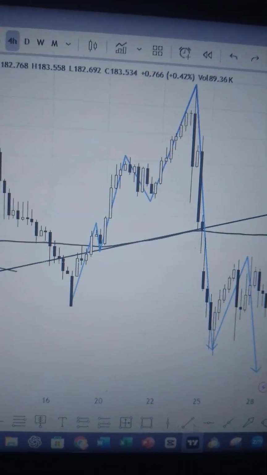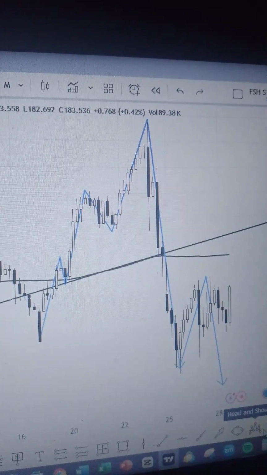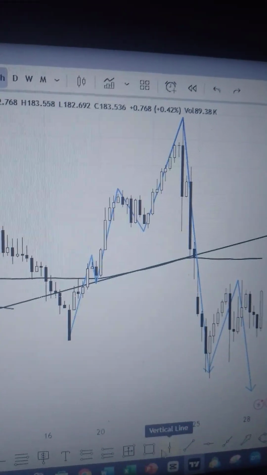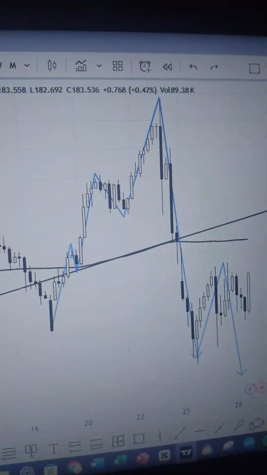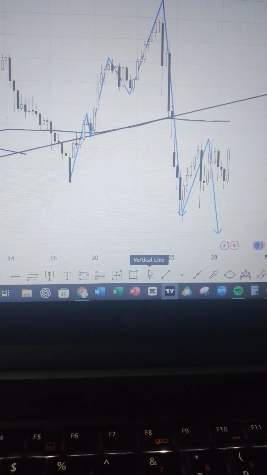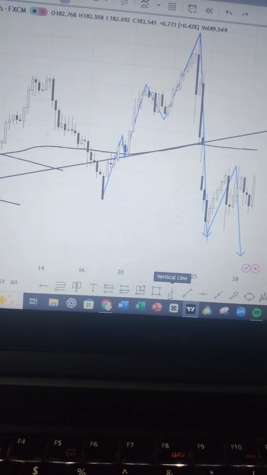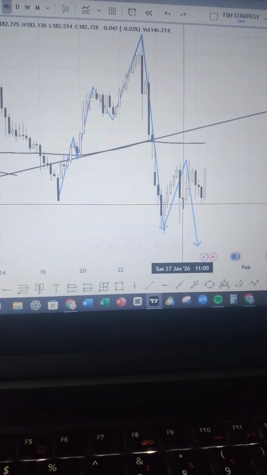So I can then state that price... Now let me look for a trend line to draw. Where's my trend line? Trend line, sorry.